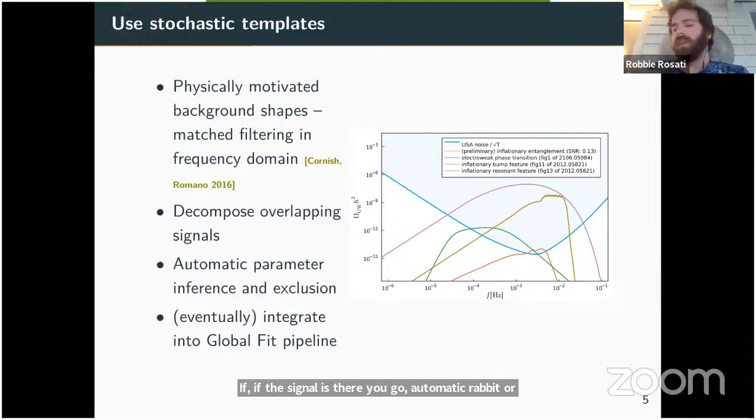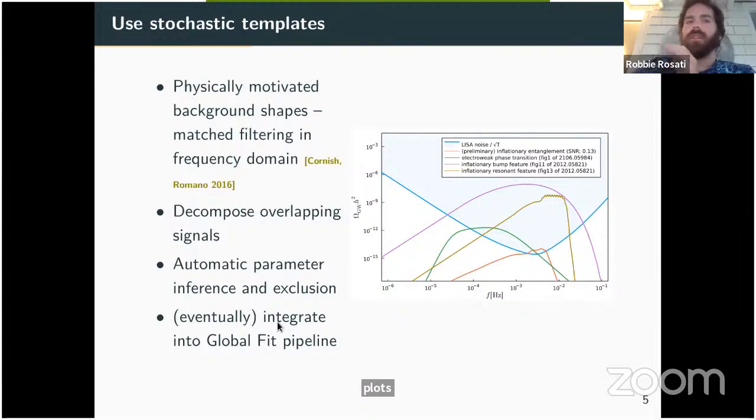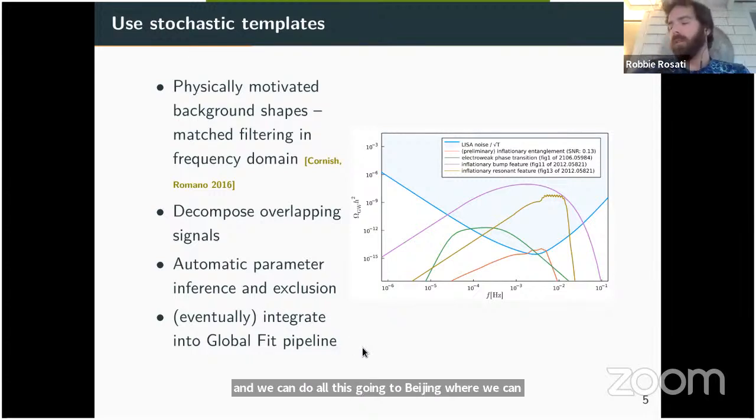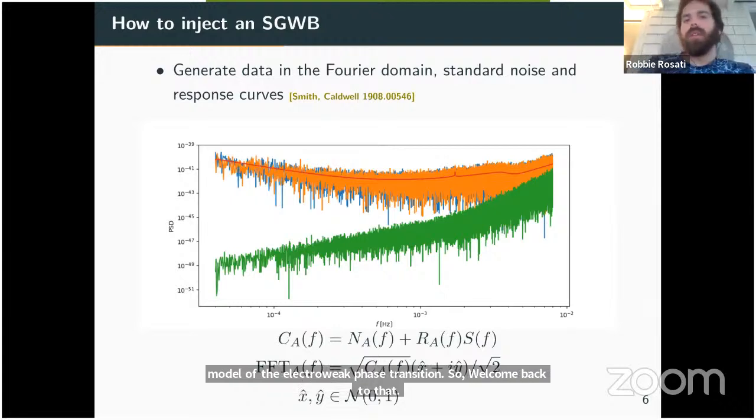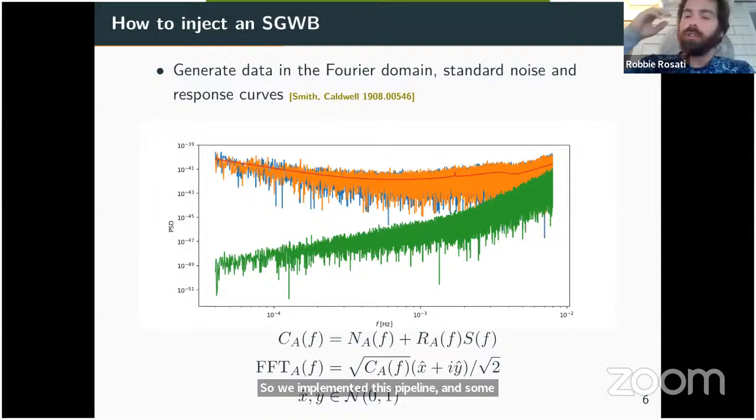If it's not there, you get automatic exclusion plots. And we can do all this in a Bayesian way, so we can integrate it into the global fit pipeline under development, and that will automatically take care of the discrete time signals. So keep in mind this green curve here. This is like a model of an electroweak phase transition. So I'll come back to that.